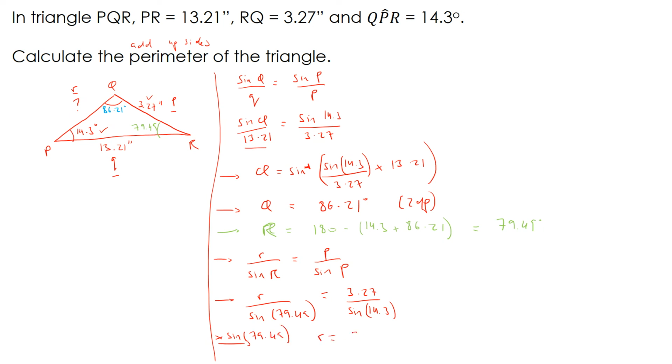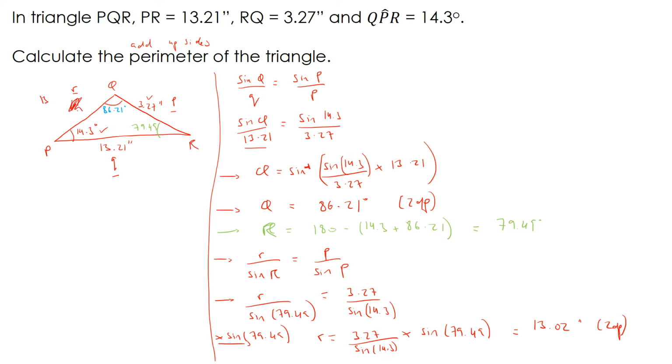So R is going to be 3.27 over sine 14.3 multiplied by sine 79.49. So fraction 3.27 over sine 14.3 multiplied by sine 79.49 gives me that R is 13.02 inches to 2dp. So I'll put it on the picture.